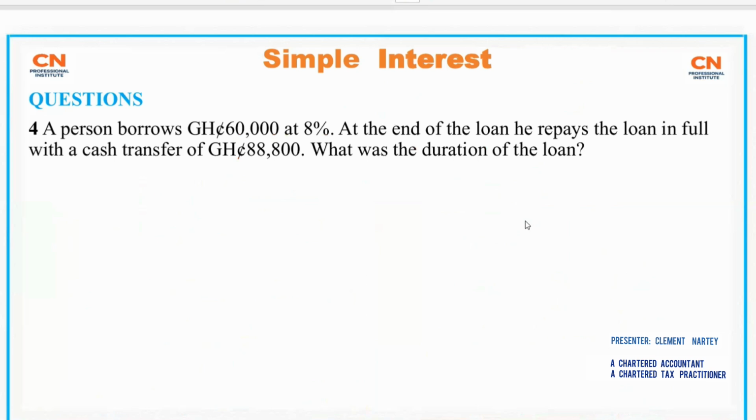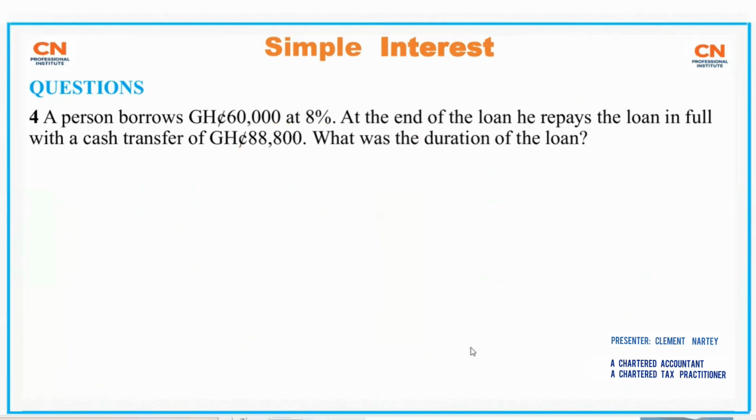So let's continue with example 4. Question 4 says a person borrows 60,000 at 8%.